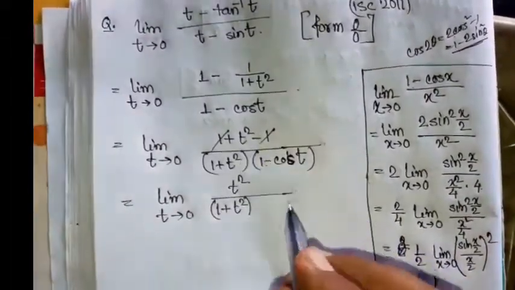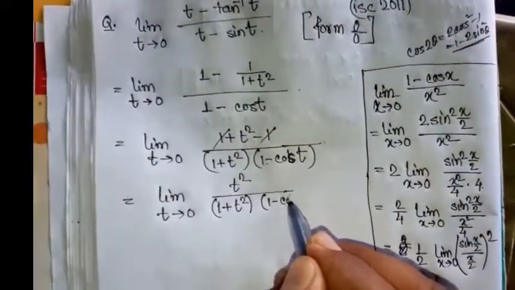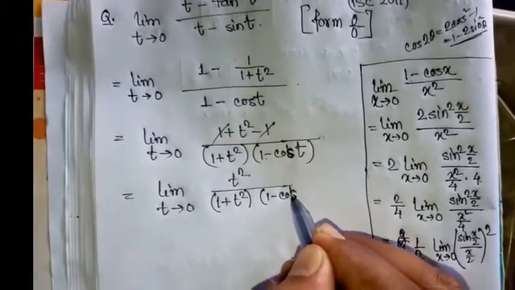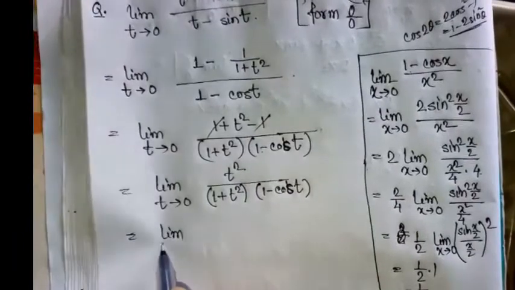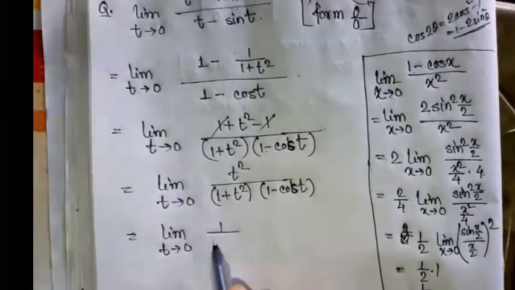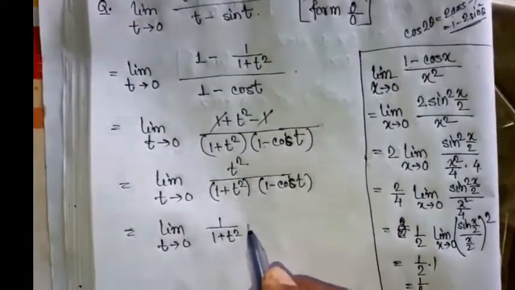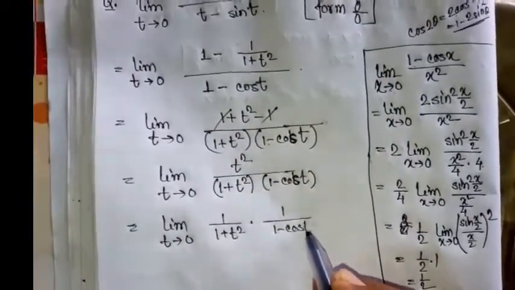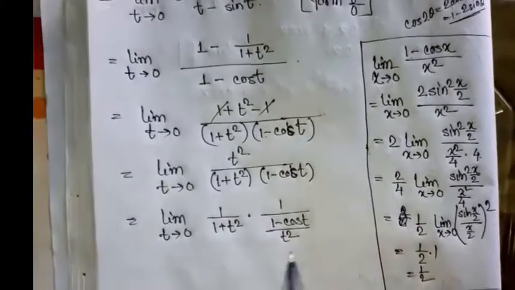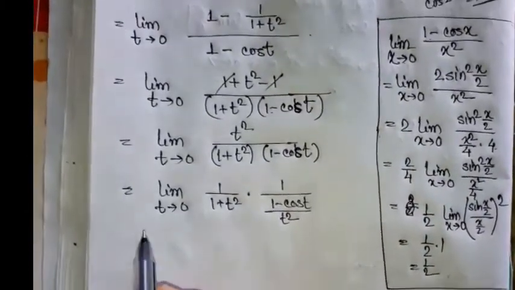So here this t square, just keep it unchanged, 1 minus cos t. Next, limit t tends to 0, 1 by 1 plus t square, and we can write it as 1 by (1 minus cos t) by t square. You know that we can distribute the limit over multiplication.